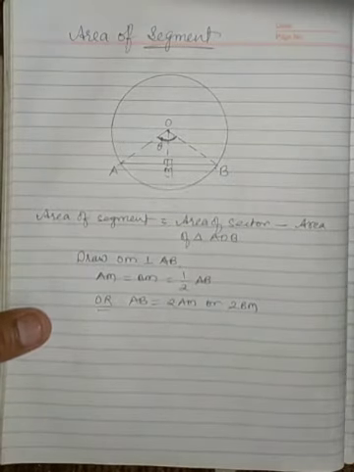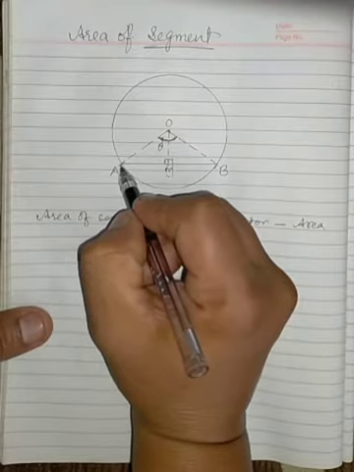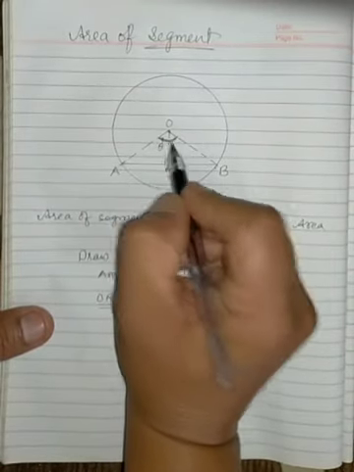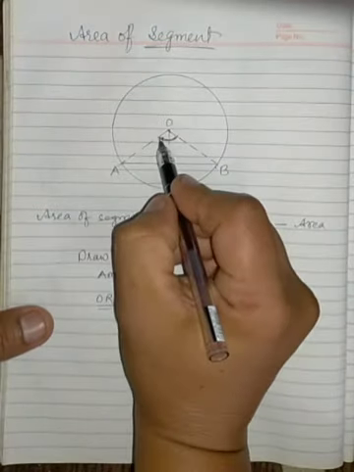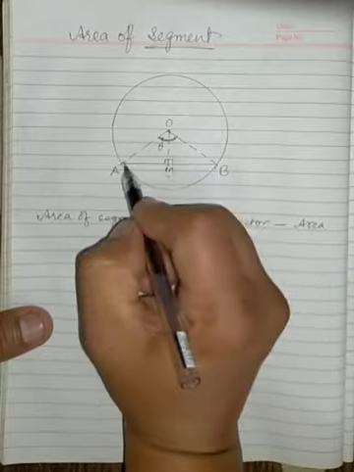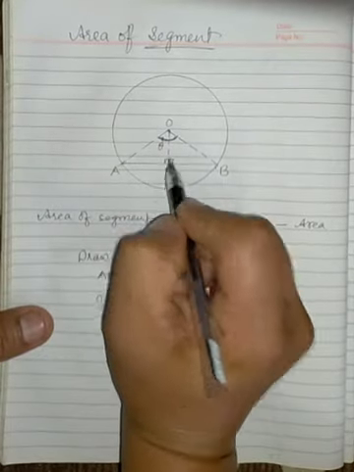Now, use triangle AOM in such a way that the base angle is theta. So if theta is the base angle, then OM is our base and AM is our perpendicular.